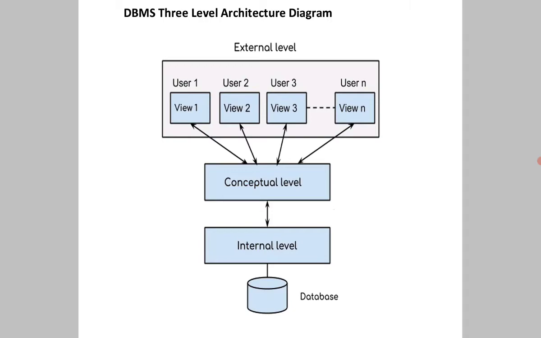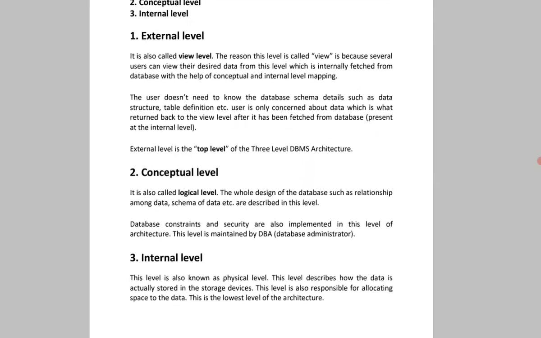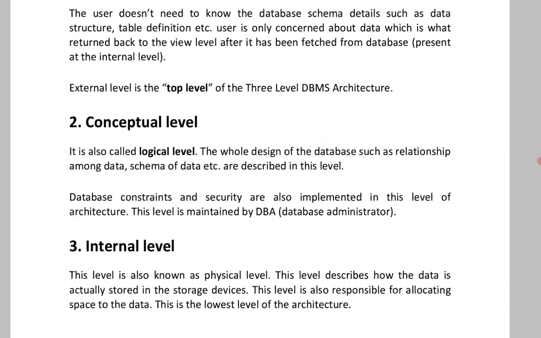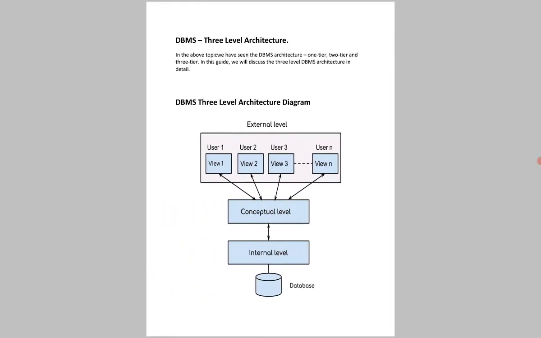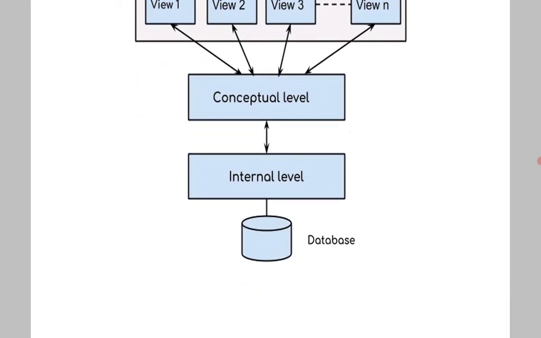So in the internal level, all the physical databases are designed, like database table creations, database schema creations, table structures, and all the things are defined here. In the physical level, how the data is actually stored in the storage devices, which type of storage media is used, magnetic tape, discs, magnetic drums, and also allocation of spaces, are defined at the internal or physical level.